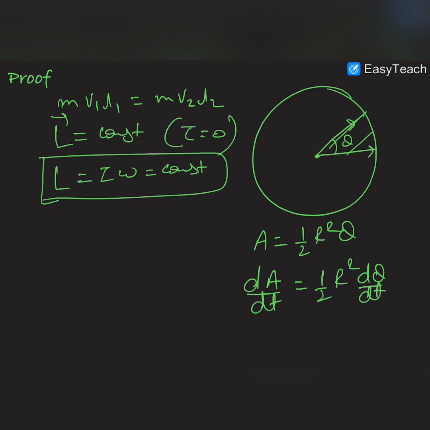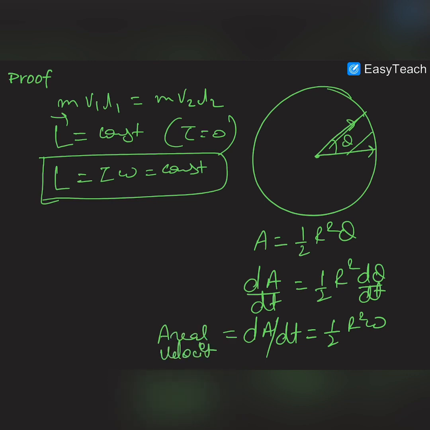Considering the fact that the radius is constant in a very small duration of time, this dA by dt is equal to half r square omega, and this dA by dt is the areal velocity.